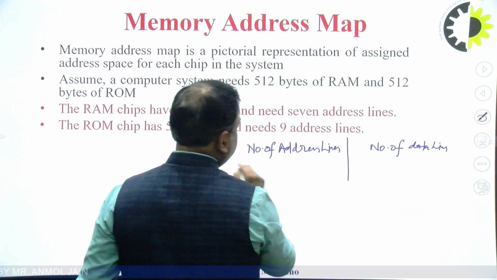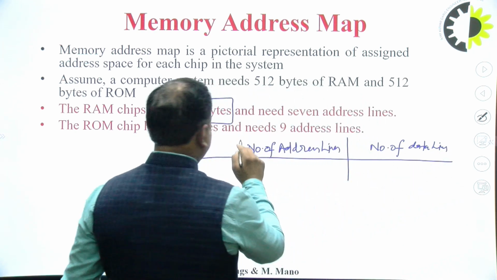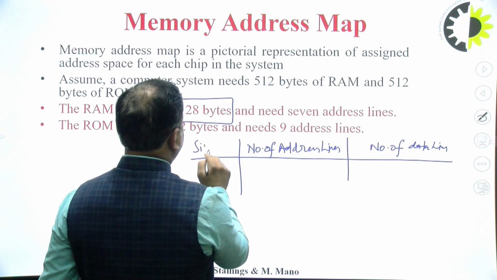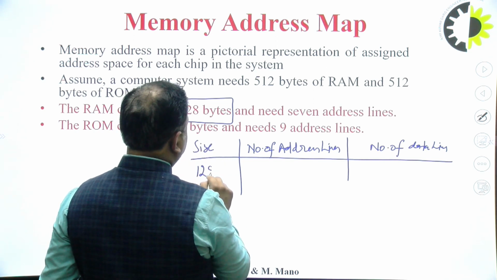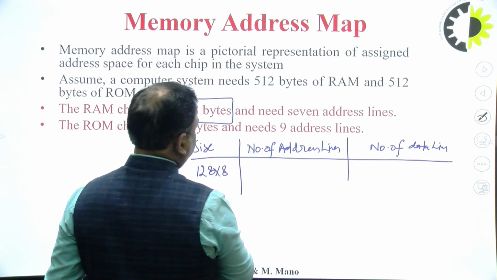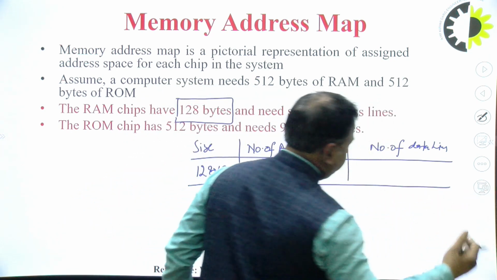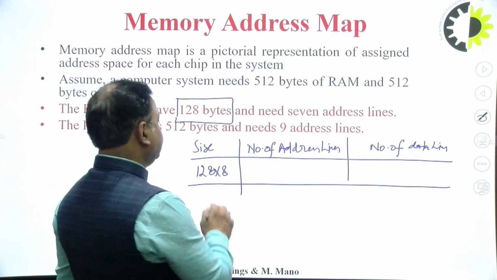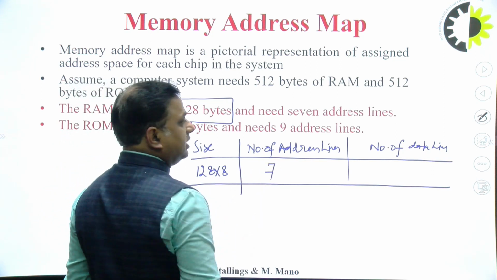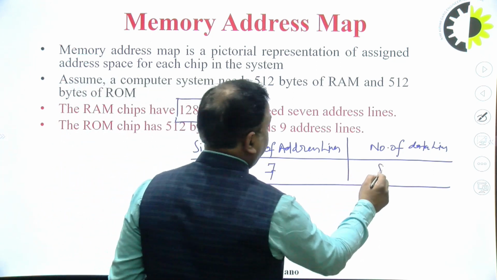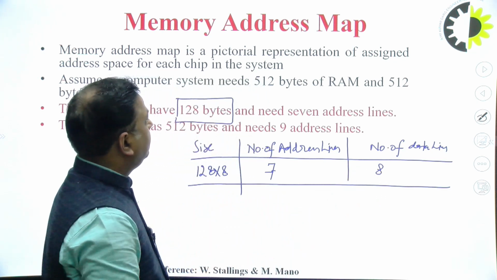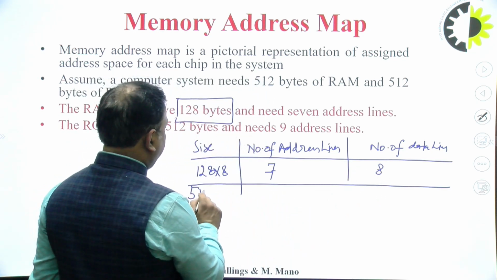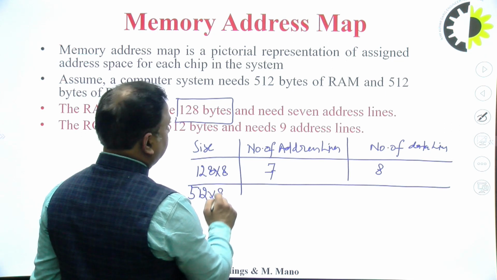If the size is 128 cross 8, then the number of address lines is 7 bits and the number of data lines is 8, and we want to make this size 512 into 8, that is bytes.